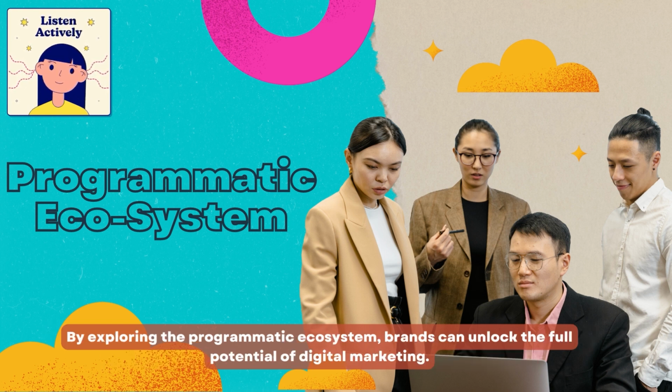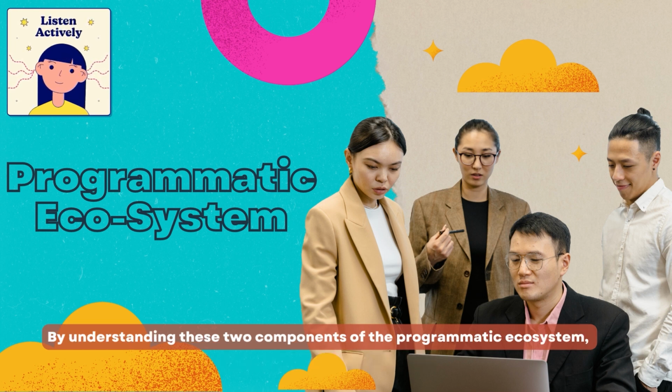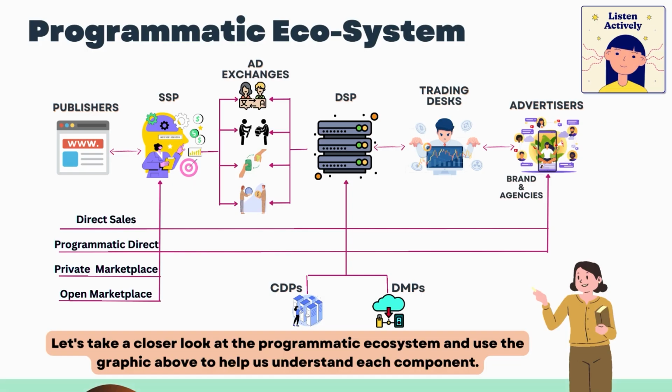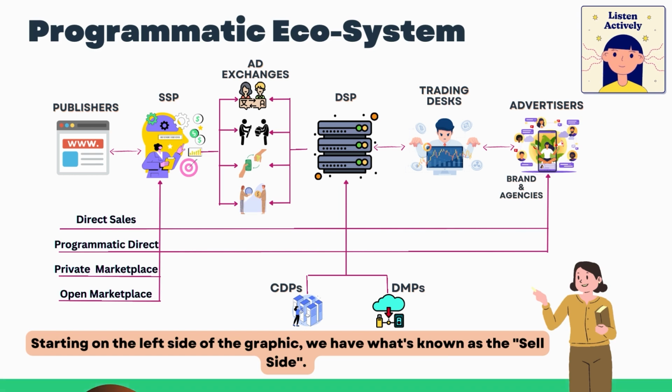By exploring the programmatic ecosystem, brands can unlock the full potential of digital marketing. By understanding these two components of the programmatic ecosystem, brands can make the most of digital marketing and create campaigns that are both effective and efficient. Let's take a closer look at the programmatic ecosystem and use the graphic above to help us understand each component.